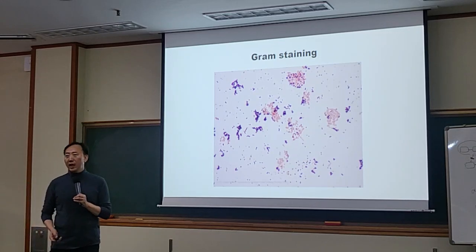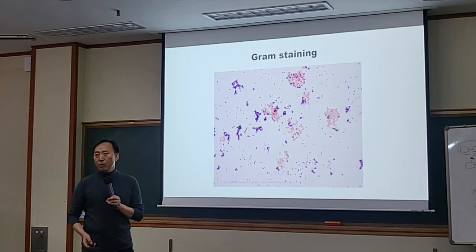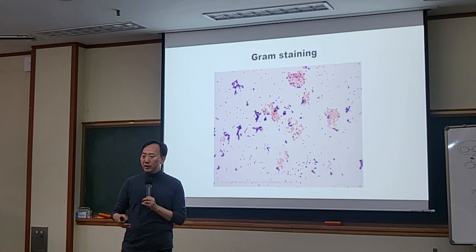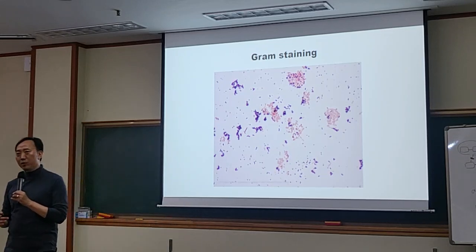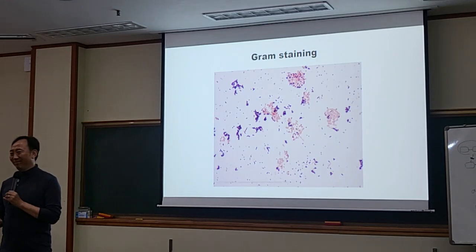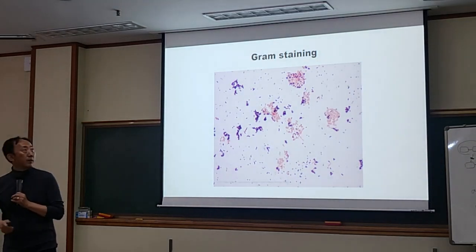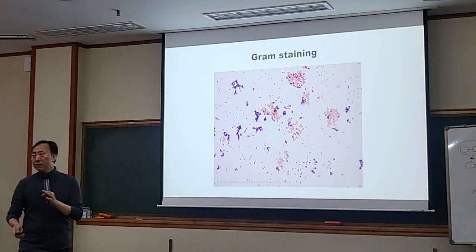By this, he defined them as gram positive and gram negative. So by using the name of that person, he just classified this.